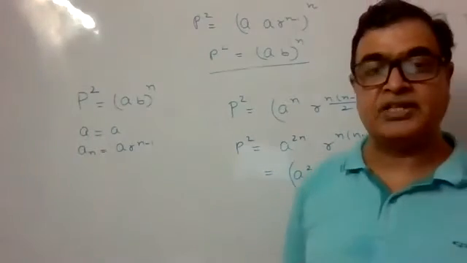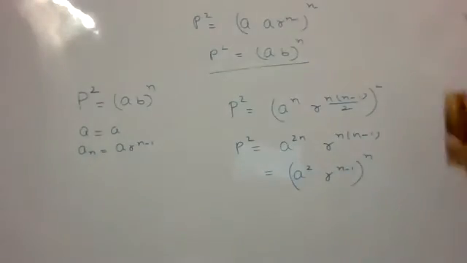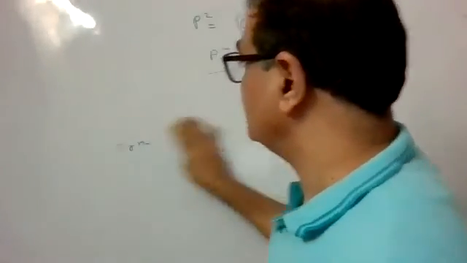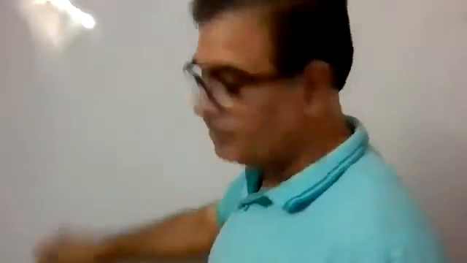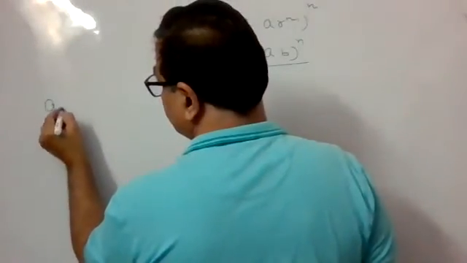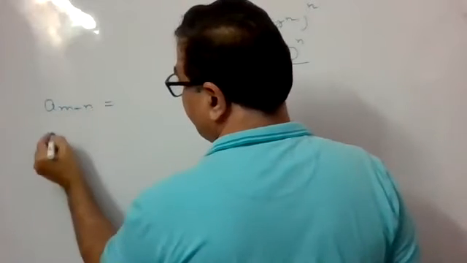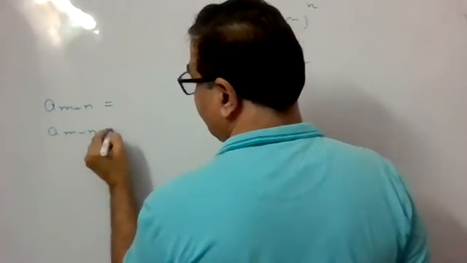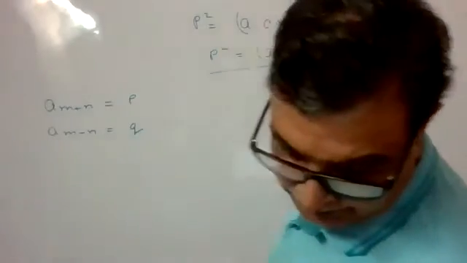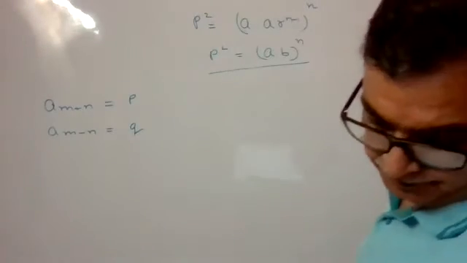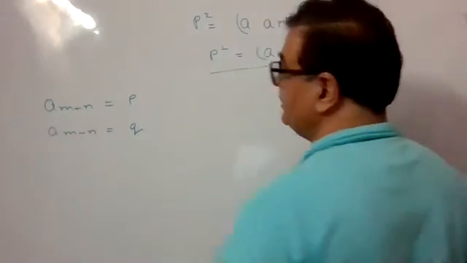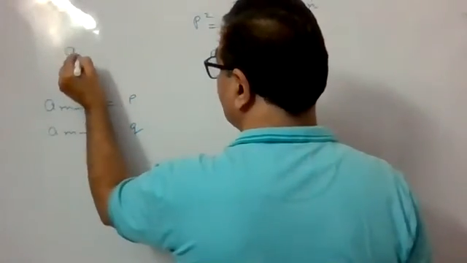M plus nth term and m minus nth term of a GP are P and Q respectively. Then the question is, find its nth term.